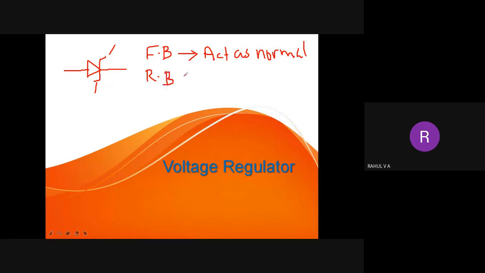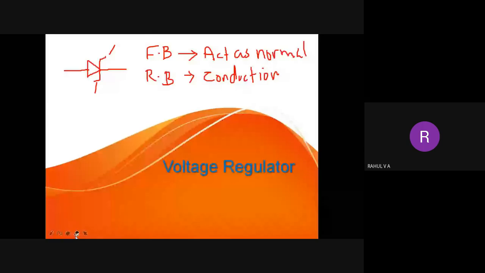A PN junction diode will not conduct in reverse bias condition, but a Zener diode conducts. But this is not like normal conduction as in forward bias; it does not work like that in reverse bias.